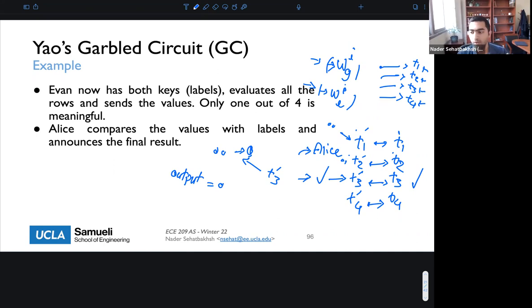Again, we are assuming that everybody follows the protocol correctly, so it's not that Alice will announce incorrect results or something. Both of them want to evaluate this function correctly, so that's why Alice will present the correct results. There are ways of making sure that this is actually the case. We're not going to talk about it, but just know that this is the way that this works.